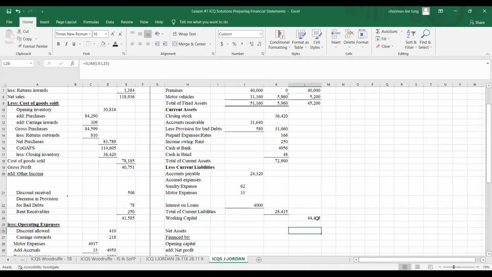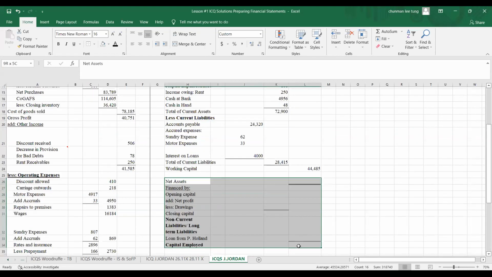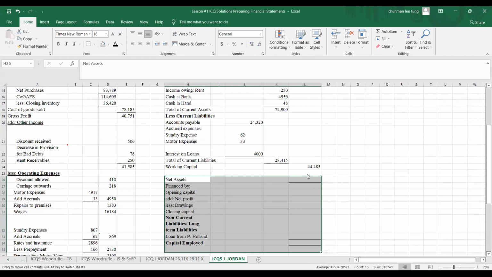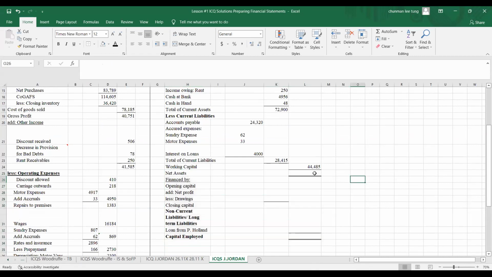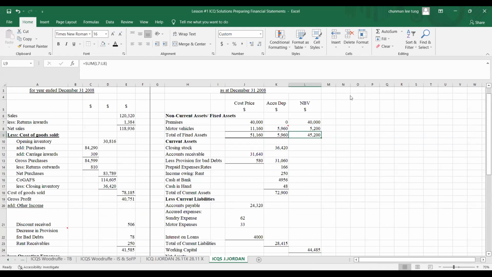So what do we do from here to get our net assets? So we can bring this up a little bit here. To get our net assets figure, we have to find the total of our working capital and our fixed assets. So we have to add it. Some students make the mistake of minusing, but you all are not to do that.